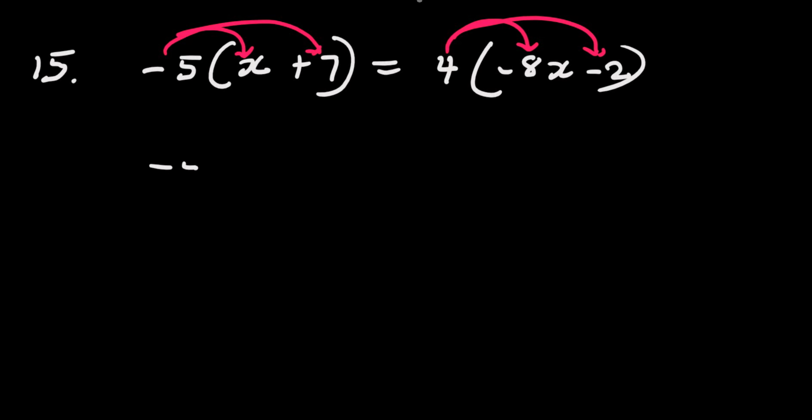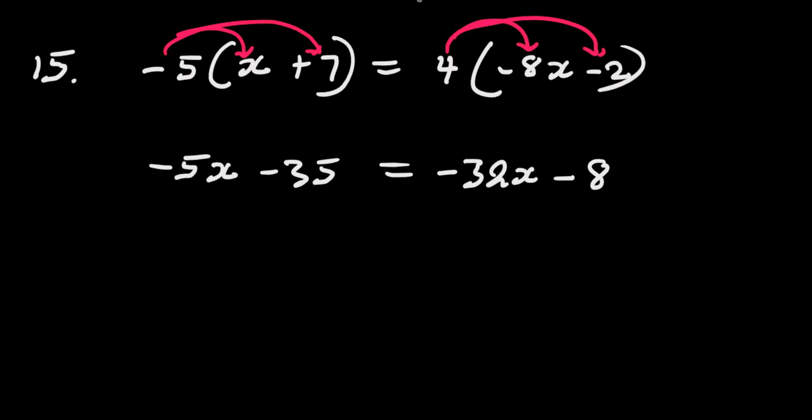So we have negative 5x. Negative 5 times positive 7 is negative 35, equals 4 times negative 8x, which is negative 32x. 4 times negative 2 is negative 8.